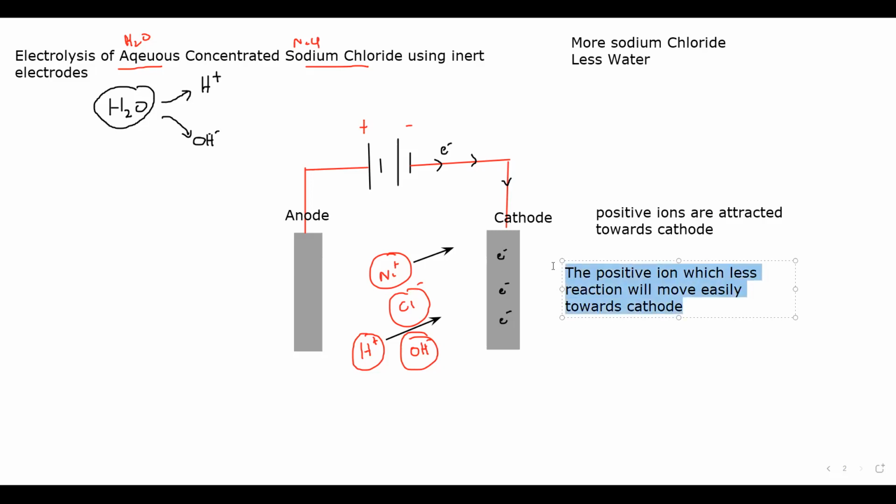When you have two positive ions, both ions will not move towards the cathode. The positive ion which is less reactive will move towards the cathode. And to identify which positive ion is less reactive or more reactive, you have to memorize or learn a reactivity series. So you have to learn a reactivity series of the metals.